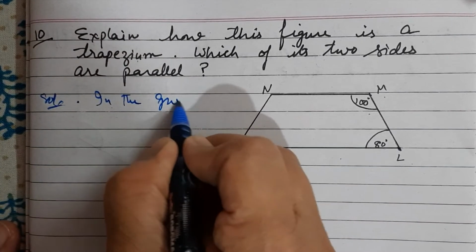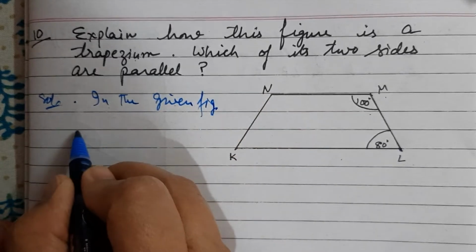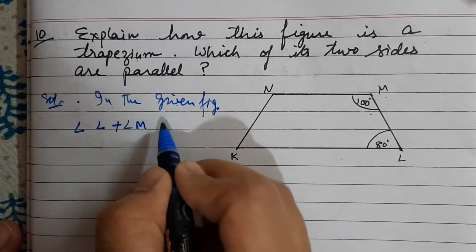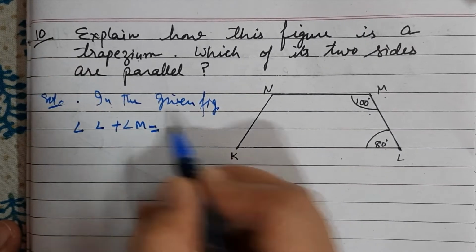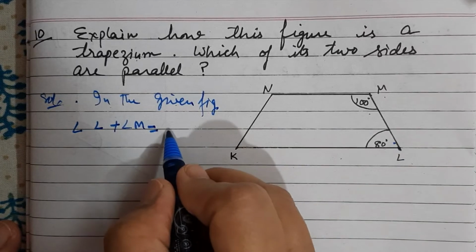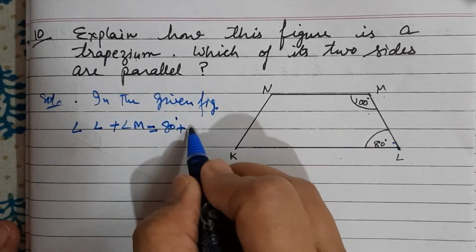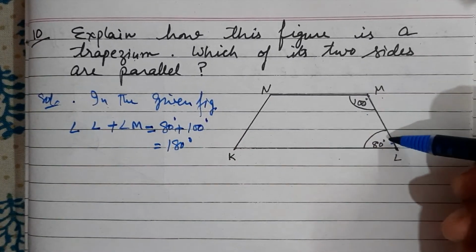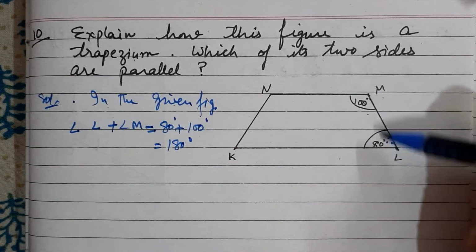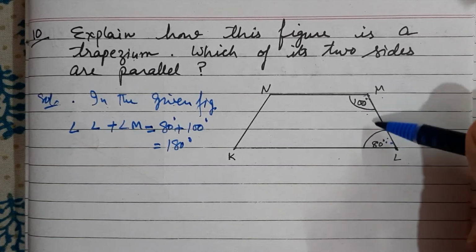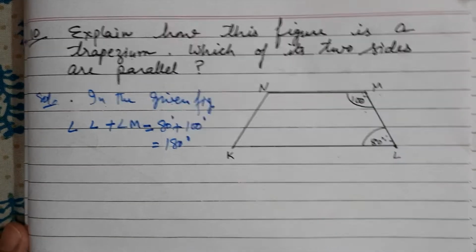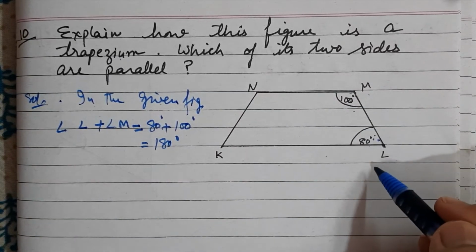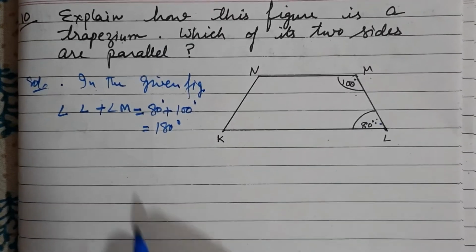So in the given figure, angle L plus angle M is equal to 80 degrees plus 100 degrees, which is equal to 180 degrees. So the sum of these two angles is 180 degrees, and they are both adjacent angles, on the same side of the transversal. So how to write here?